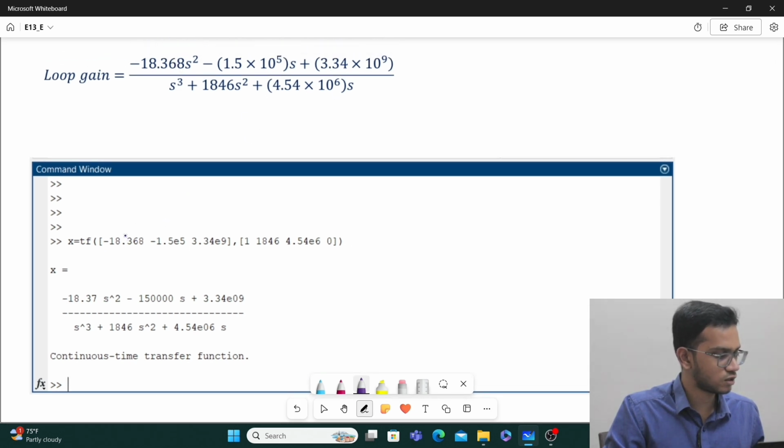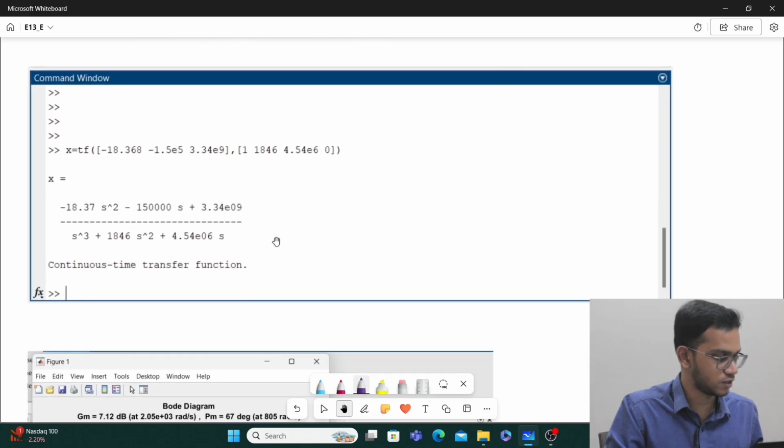Here I am typing all the coefficients one by one in the numerator, comma, and the denominator should have all the coefficients as well. Please be careful here. It is s cube term plus s square term plus s term, and the constant term is not there, so the last term in the denominator should be 0. I'm just assigning this transfer function to this x. Now my x is displayed as this transfer function, and it is identified as a continuous time transfer function.